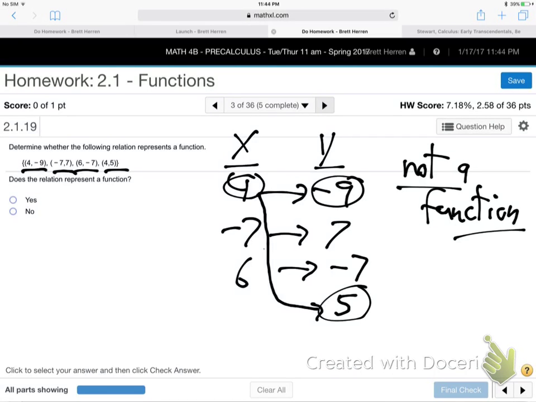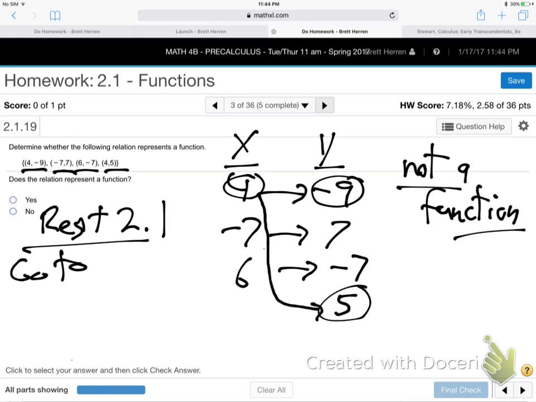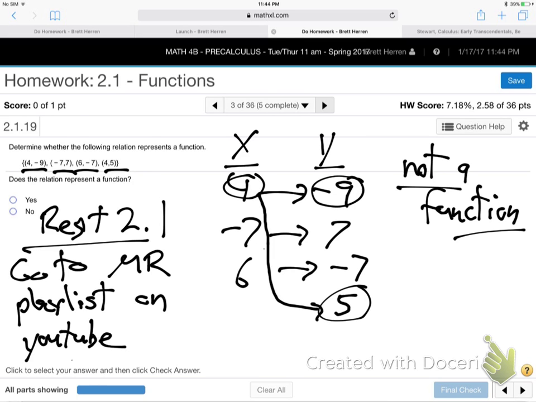Okay, so I'm going to stop section 2.1 here. And I'm going to save this in the Tuesday, Thursday course file, but in reality, if you want to see the rest of section 2.1, go to the Monday, Thursday playlist on YouTube to get the rest of 2.1, because I didn't record it all here.